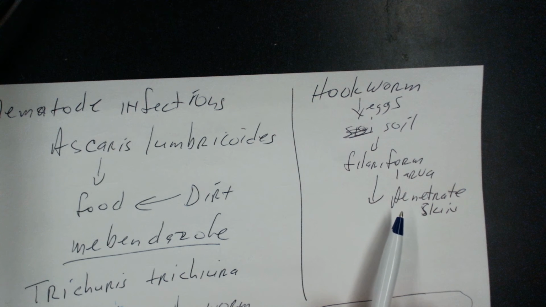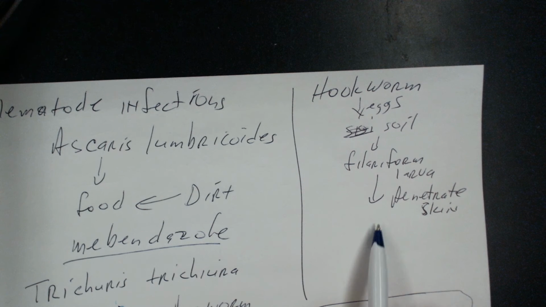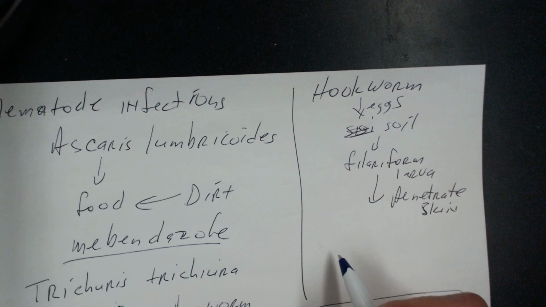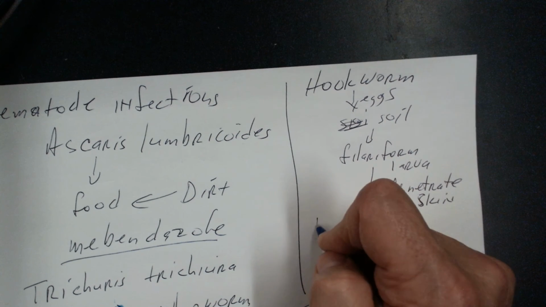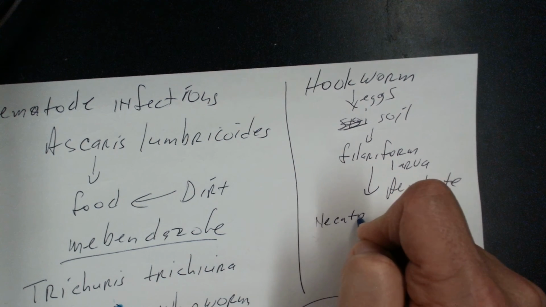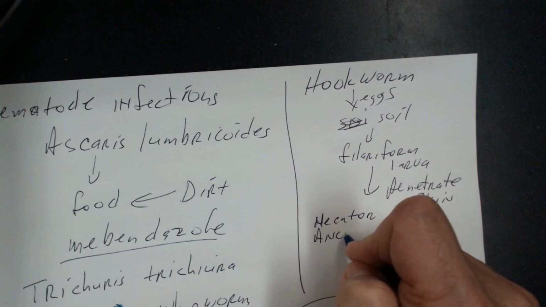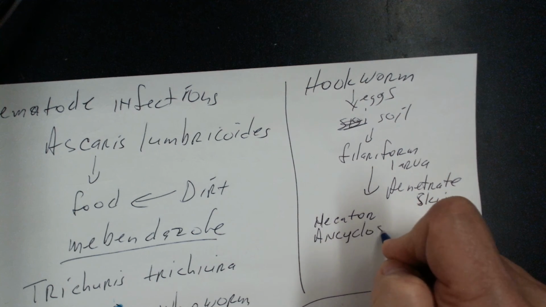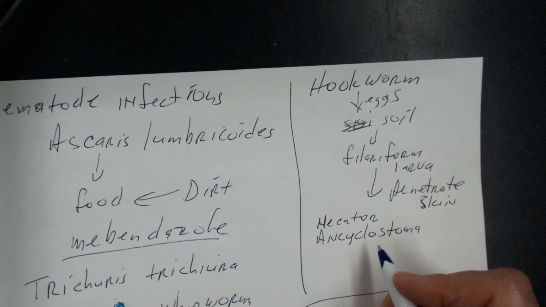Eggs can be hard to find in the stools. There is a pretty good serological test. But treatment, so there's two of these. There's Necator, and there's Ankylostoma. These are your typical hookworm.